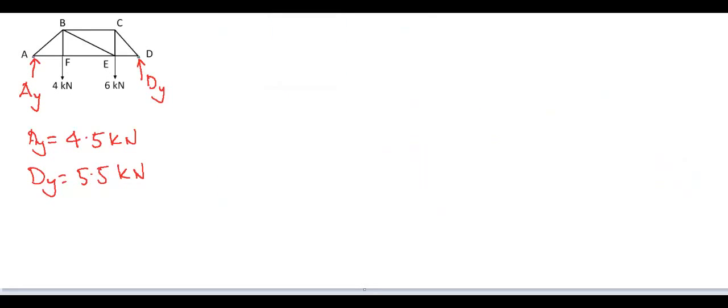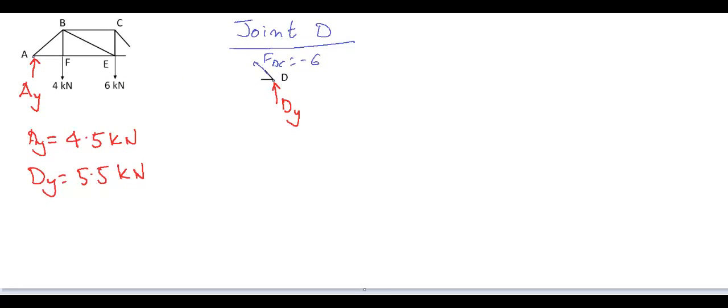Now let's move to the last joint D and make the free body diagram of joint D. The reaction is already known, which is 5.5, and FCD is already known from the joint C analysis, which is minus 6.88. Now we can calculate FDE using the equilibrium equation.